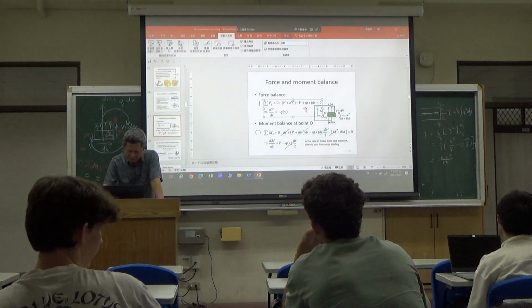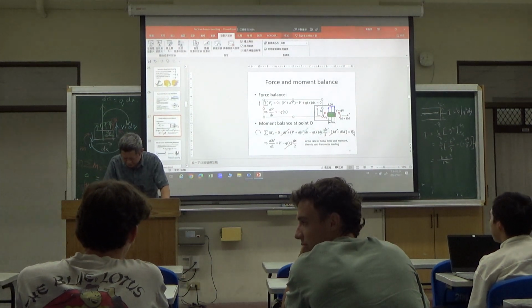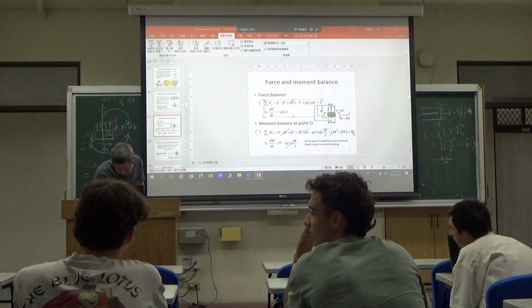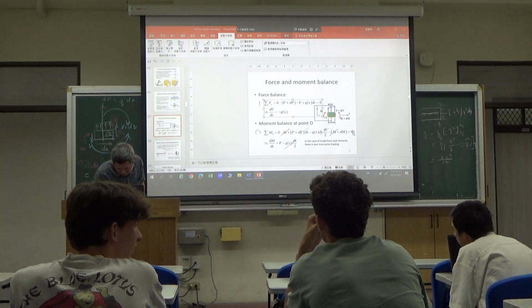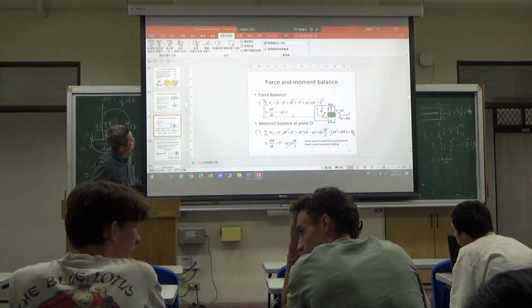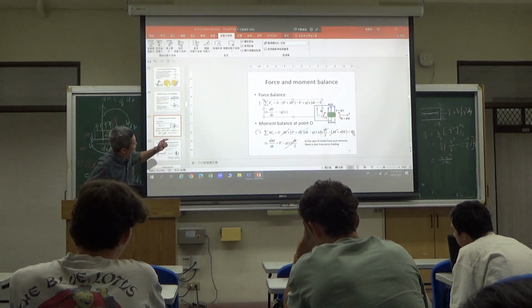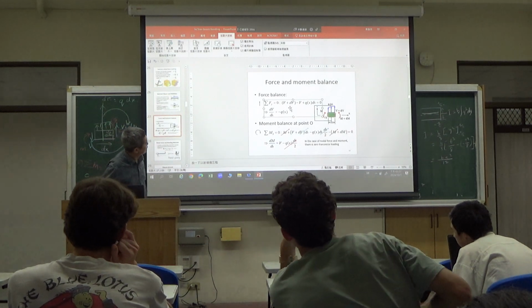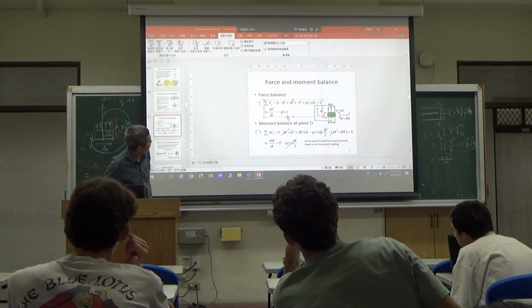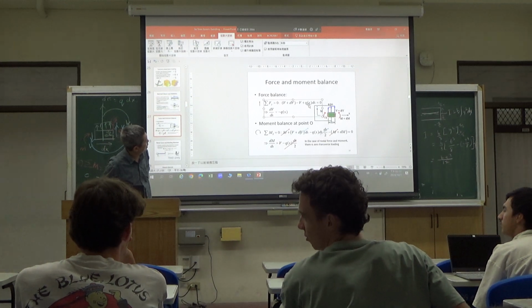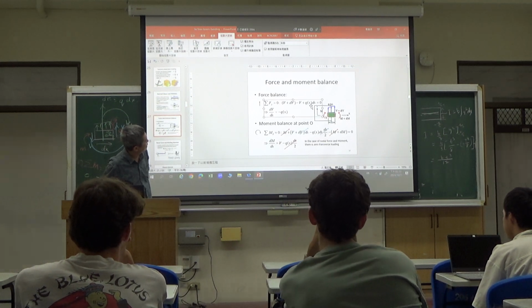Even if I change this, the formula is still there, it's still positive. Where do I get the negative sign there?